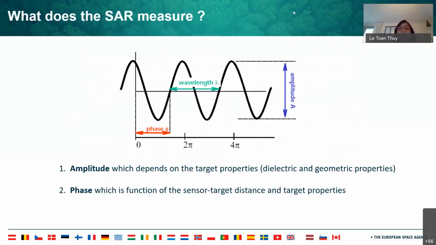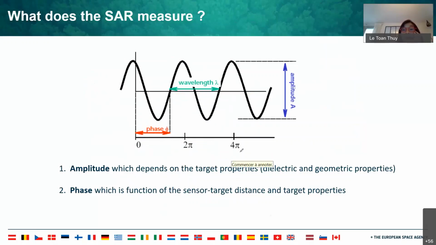And what the SAR is measuring: here the wave going with a cycle, and the wavelength is materialized here, and the phase from here to here.